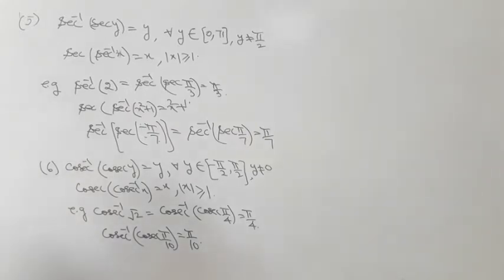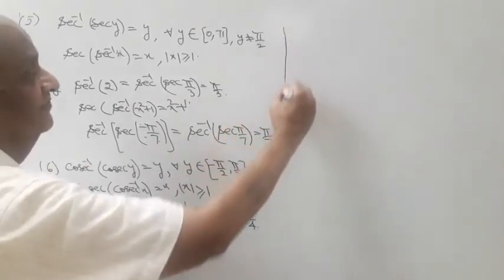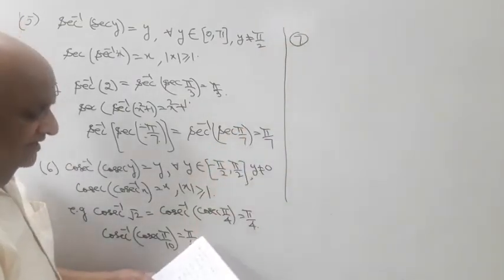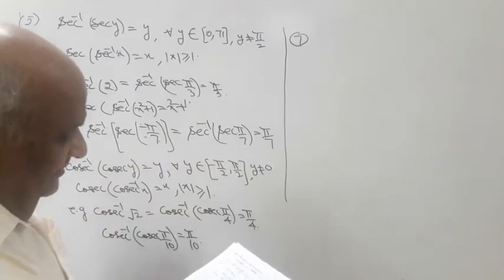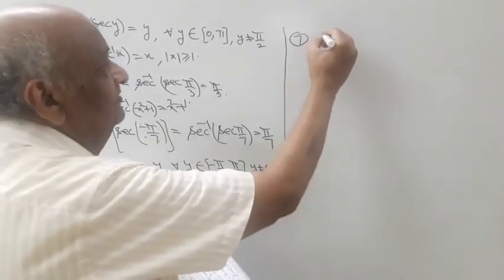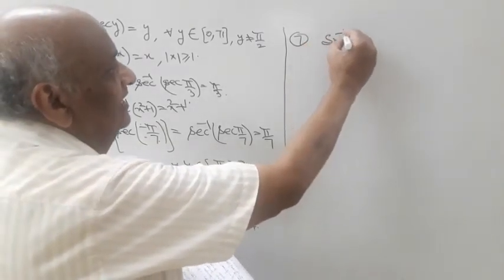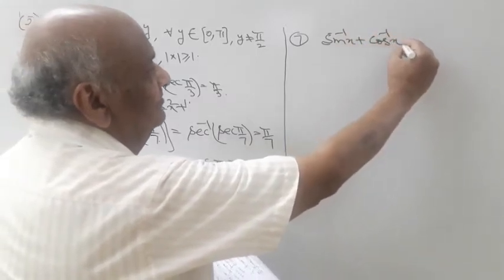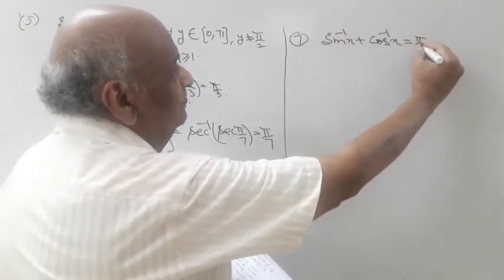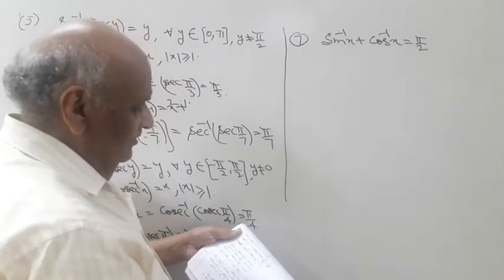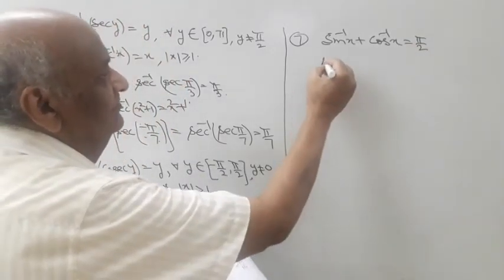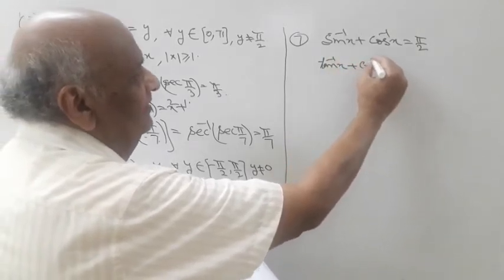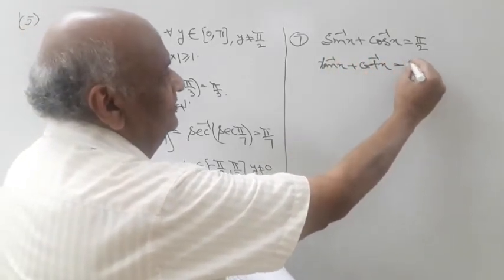Now, after this, take up the seventh property, which we consider again as very important, that is a set of three results: sine inverse of x plus cos inverse of x is pi by 2. Then you have tan inverse of x plus cot inverse of x is pi by 2.